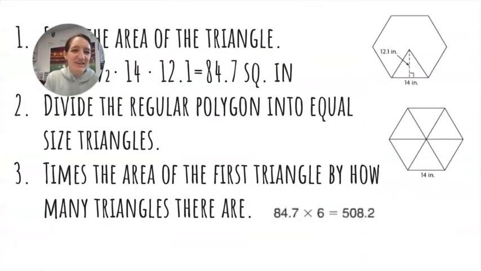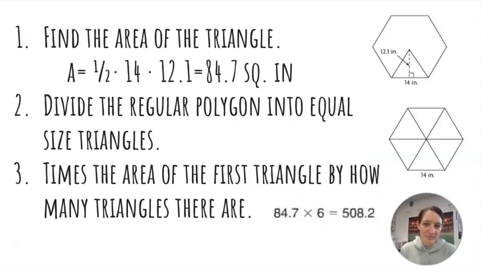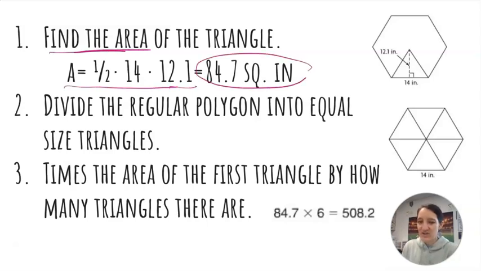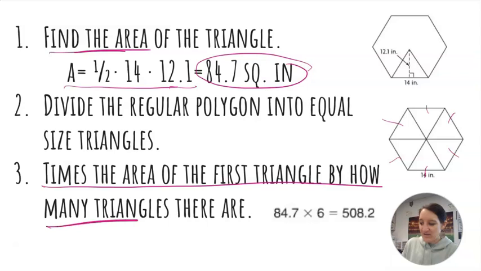Here's the how-to, I guess. Like I was saying, the first thing you do is you find the area of the triangle, which is 1/2 base times height, right? And you get the area of your triangle. Then this is a hexagon, so there's 1, 2, 3, 4, 5, 6 sides. That means you're going to times the area of the first triangle by how many triangles there are.